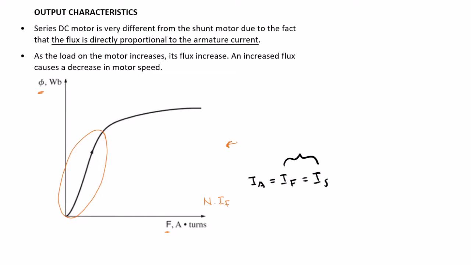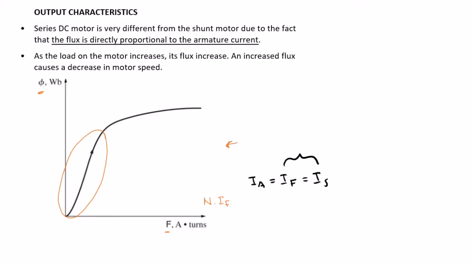So again, if I can repeat that, in this series DC motor the flux is not just directly proportional to the field current, but at the same time also directly proportional to the armature current. So as the load on the motor increases, the flux also increases.